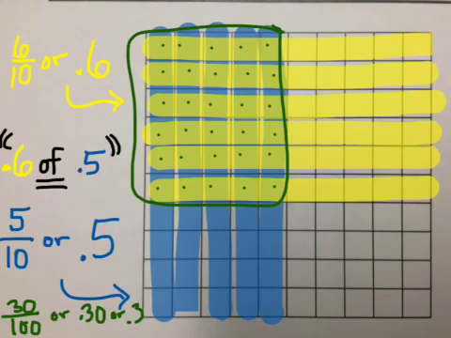But why is it working like that? Why, when we start with 6/10 and we multiply it times 5/10, do we get 3/10 or 30 hundredths, which is less than either of the factors that we started with? What is going on? Well, it's because we started with a group of less than 1. 5/10 is less than 1 whole.